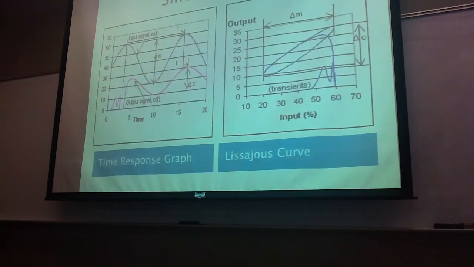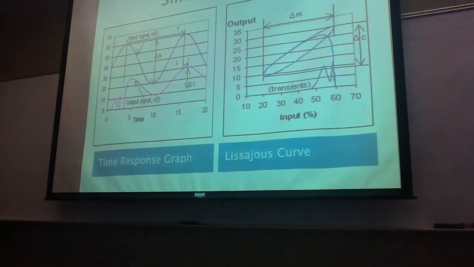And here's just an analysis of how you do it, to get the data to make the Bode plot. Your delta M is the amplitude of your input, and your delta C is your output amplitude.